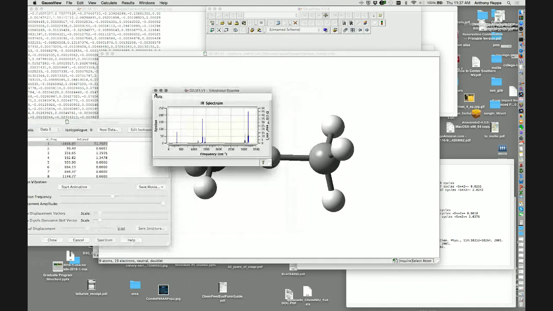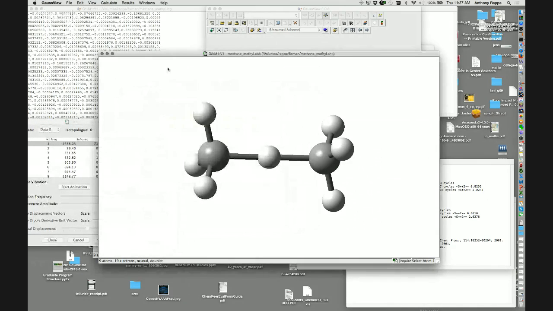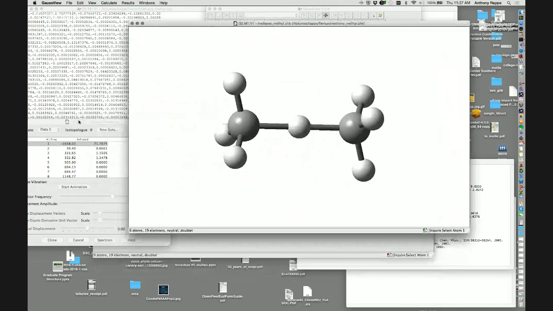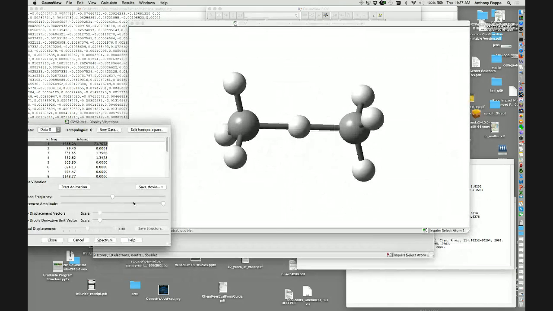If we tell it to show it, this is animating the classical nuclear displacements associated with that vibration.